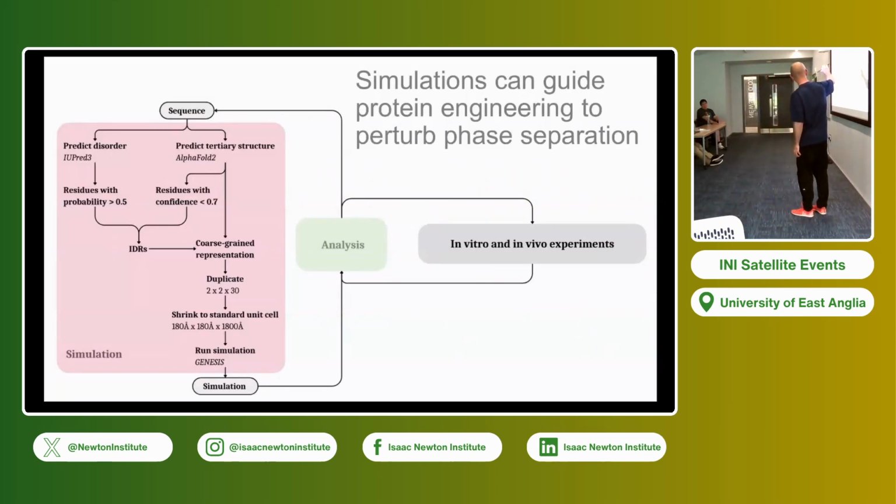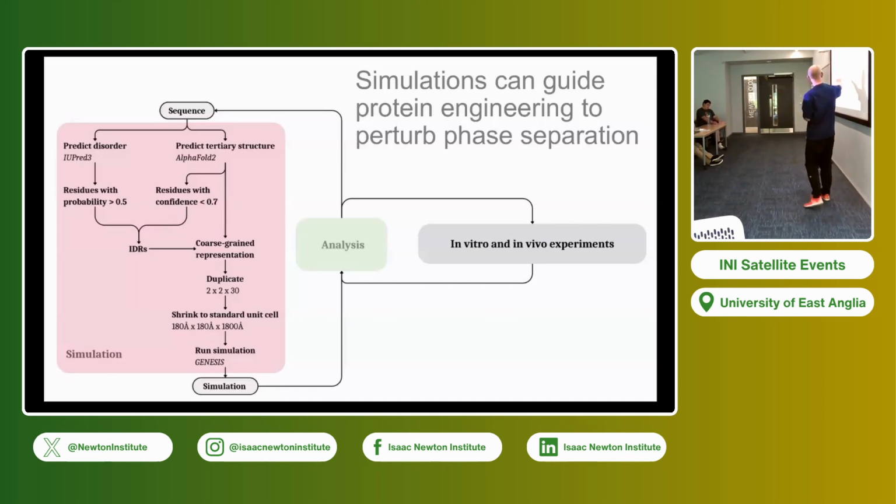And importantly, I think, the outcome of this is that we'll put this into a package which allows you to go from sequence to predicted structure to doing all of these simulations in a fairly automated way, and then you go through the contact map analysis and look for interactions. That highlights key residues. It doesn't tell you how to change them, so you have to think a bit about the biology of which residues to change to what.